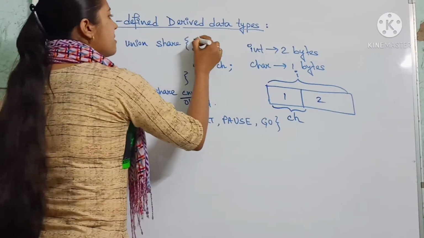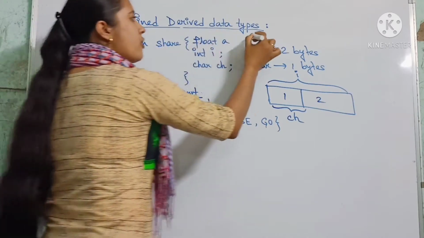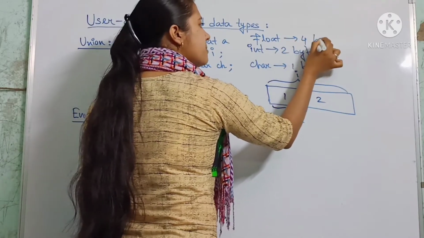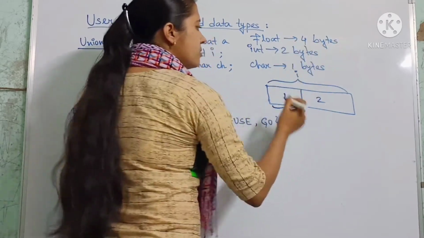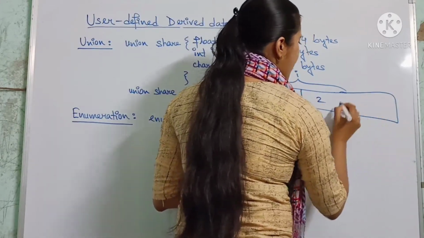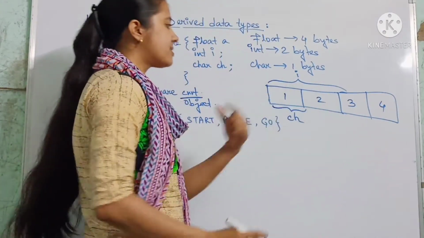Suppose there is another variable, floating point. Suppose float a. Then float is having the highest size. Float is having 4 bytes of memory. So what it will do? It will allocate 4 bytes of memory first.